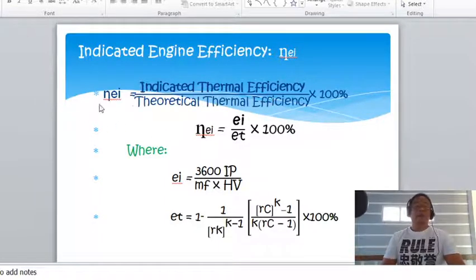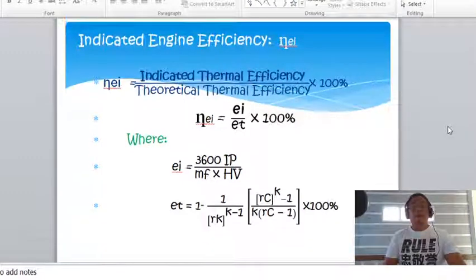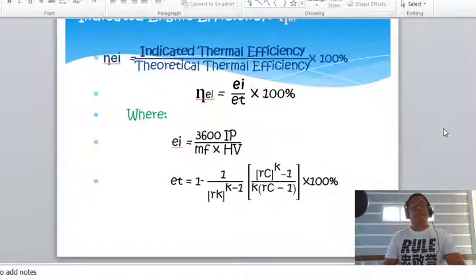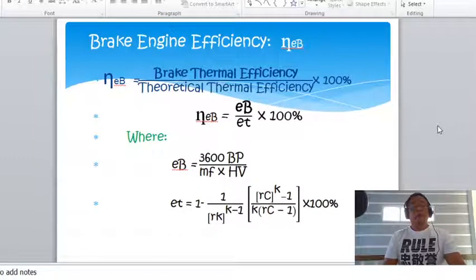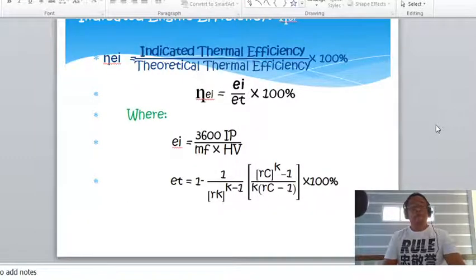So, knowing that the indicated thermal efficiency is equal to 3,600 multiplied by IP over MF multiplied by HB, the equation now is EI over ET.